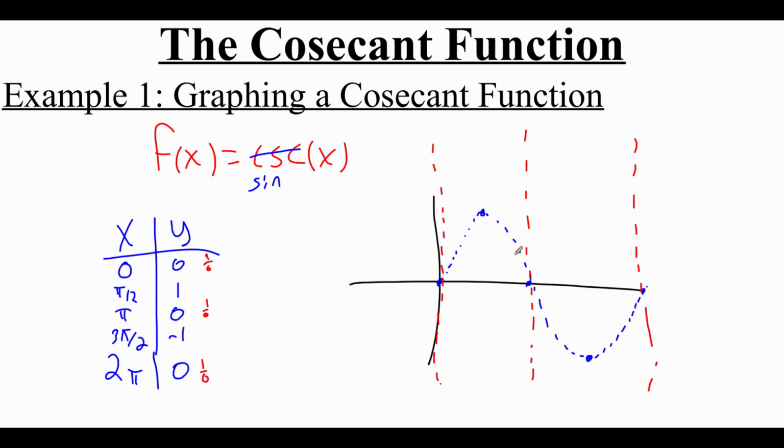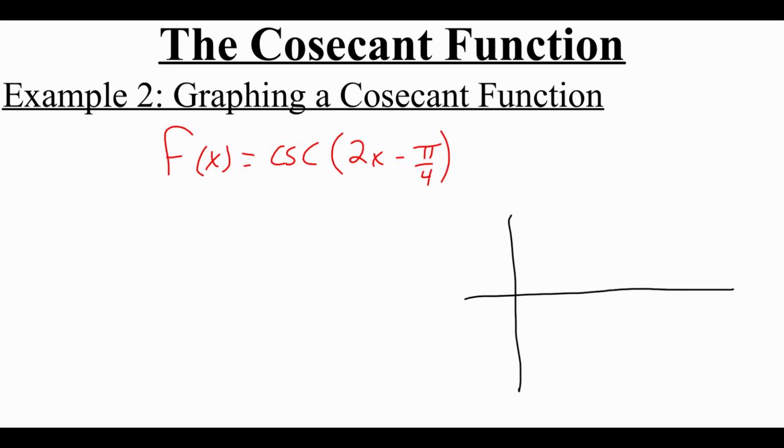Now this chunks our graph up into some U-shaped pieces, and what we're going to do with those is take them and flip them over. But we're still going to use the top of this wave and the bottom of this wave to help us out. So I need a U-shaped piece between my asymptotes that hits that pi over 2, 1 point, and then I need an upside down U-shaped piece between my last two asymptotes, hitting that point 3 pi over 2 and negative 1.